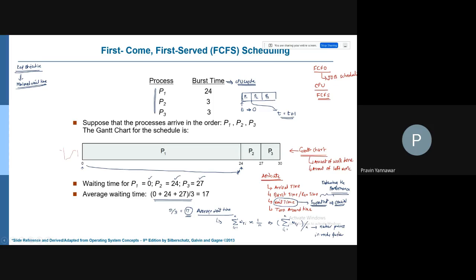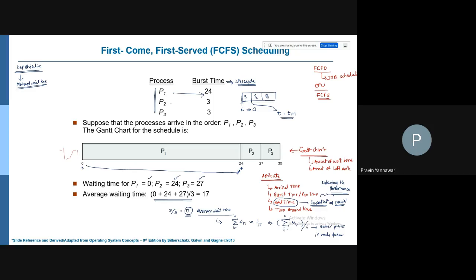Okay, so this is how you can compute the first come first serve scheduling. This is the average waiting time which you are going to calculate, and you represent it on a Gantt chart. So let us revise and have a relook at this. You have three processes, P1, P2, P3. Each process has a burst time.